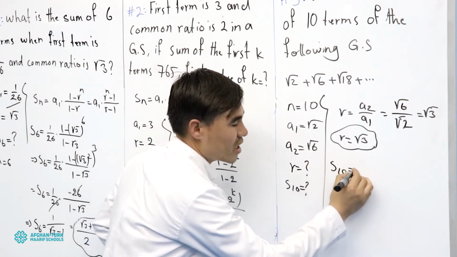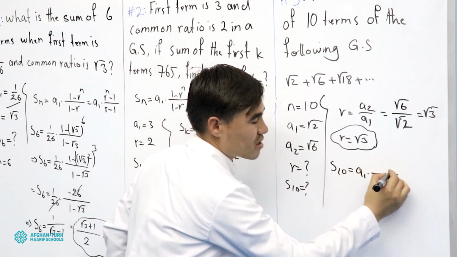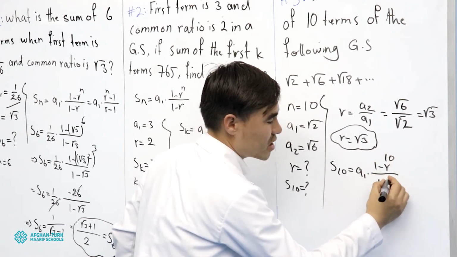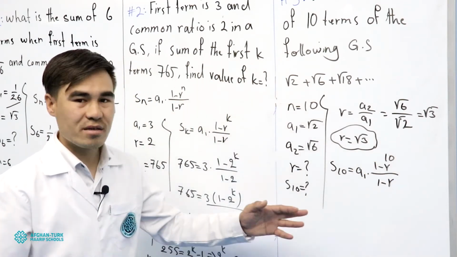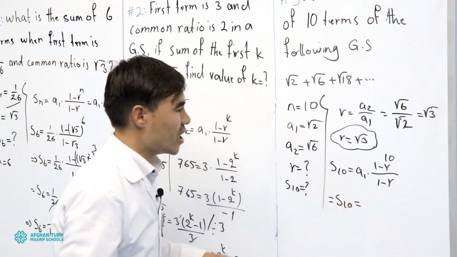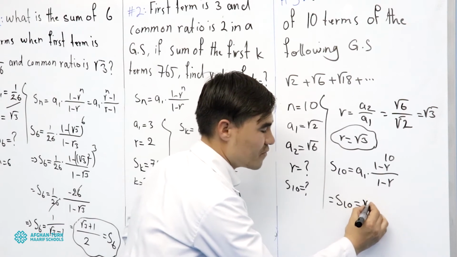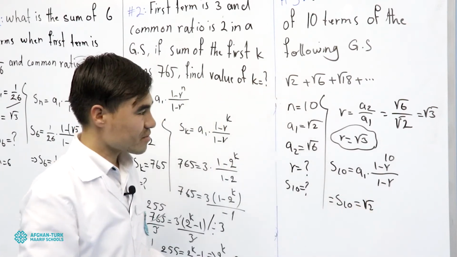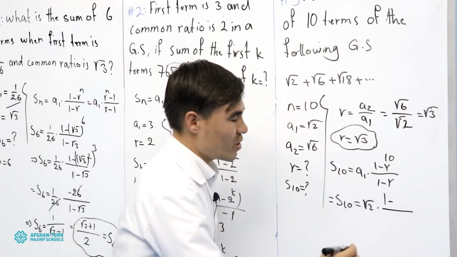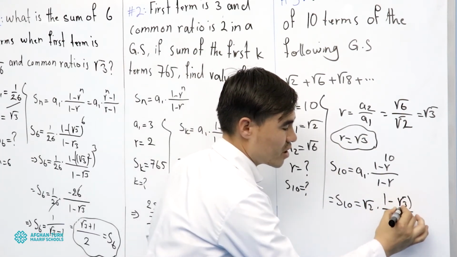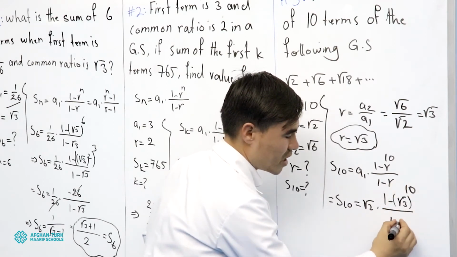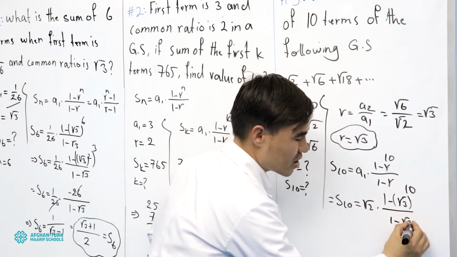S10 is equal with A1 times 1 minus r to the power of 10, over 1 minus r. Here, S10 is equal with A1, which is square root of 2, times 1 minus the common ratio square root of 3 to the power of 10, over 1 minus square root of 3.